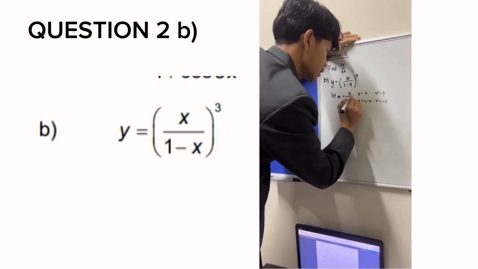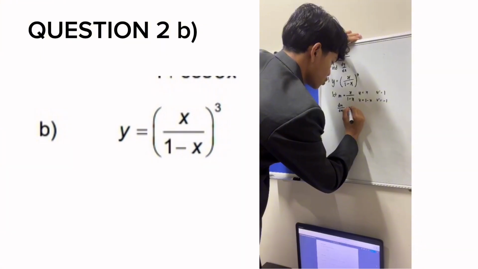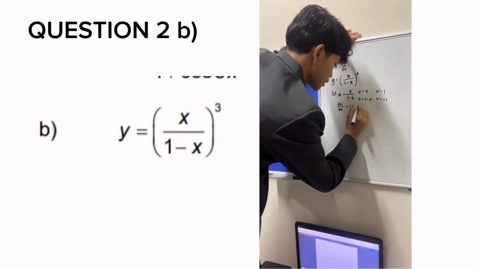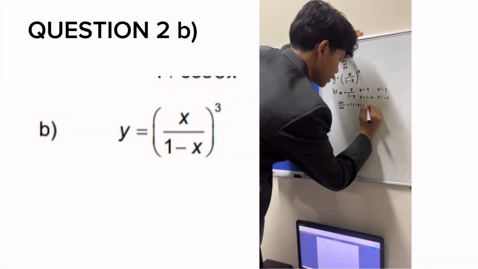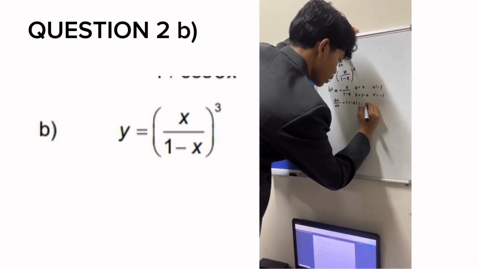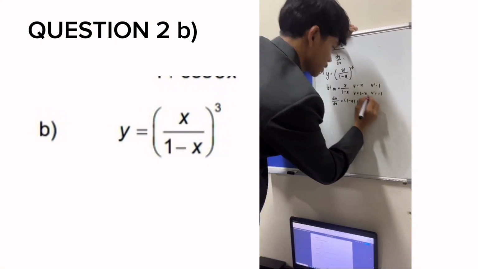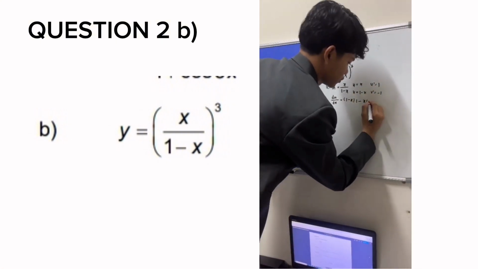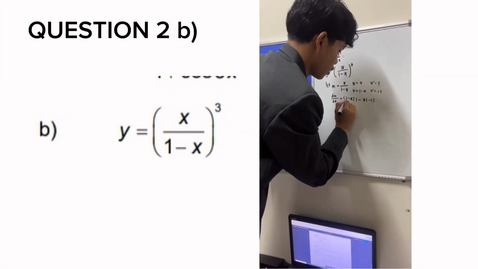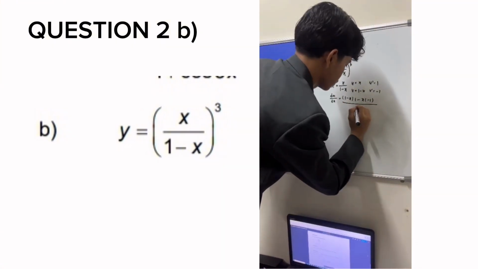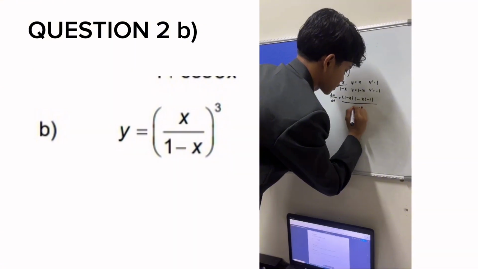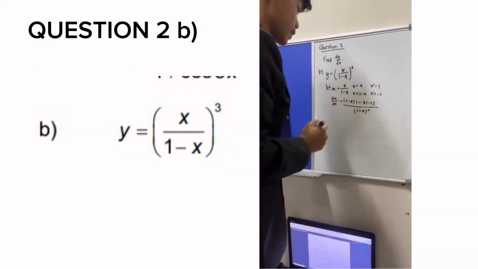So v times u prime, 1 minus x times 1, minus x times v prime, which is minus 1, over v squared, 1 minus x squared.